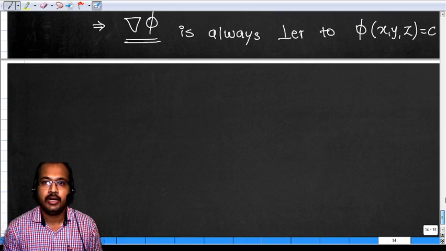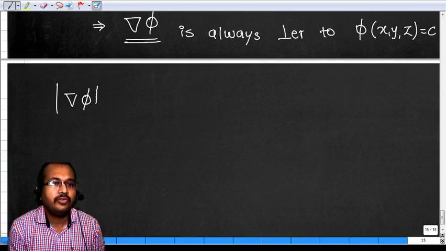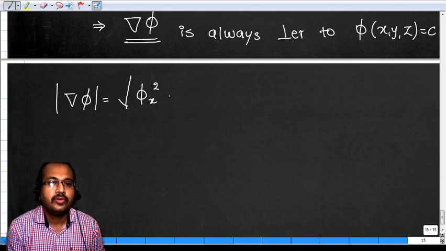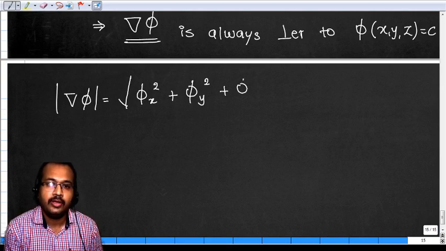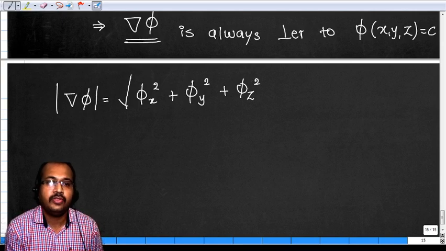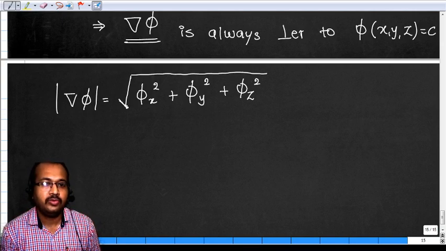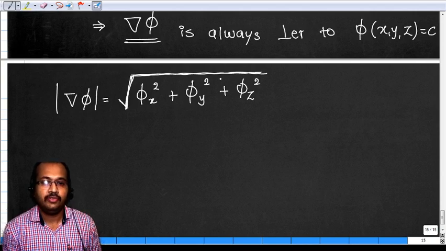And the most important part, the magnitude of the gradient is equal to the square root of partial derivative of phi with respect to x squared, plus partial derivative of phi with respect to y squared, plus partial derivative of phi with respect to z squared. This is the value, and if you evaluate, this will be the maximum value of the gradient function.